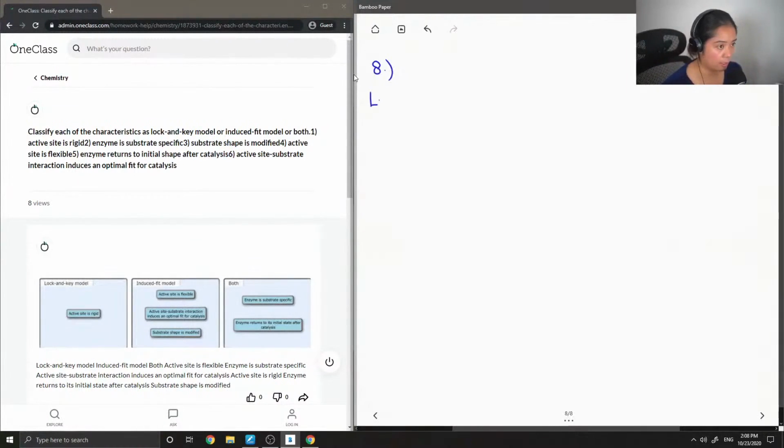So for the lock and key, this is when your substrate perfectly fits your enzyme, and your enzyme doesn't change.